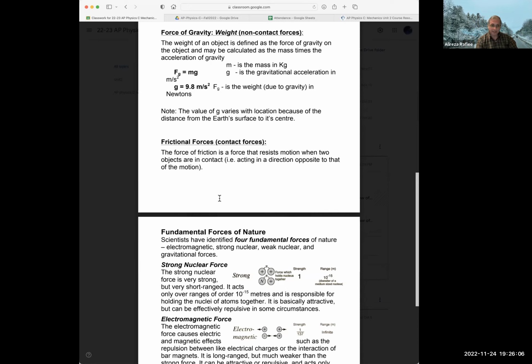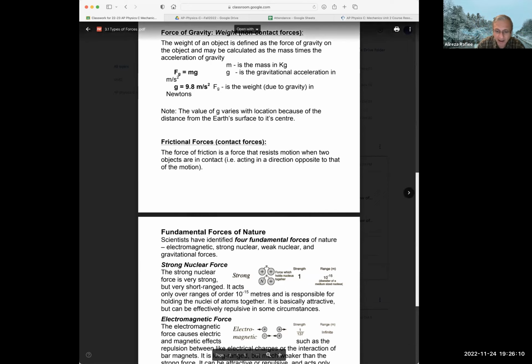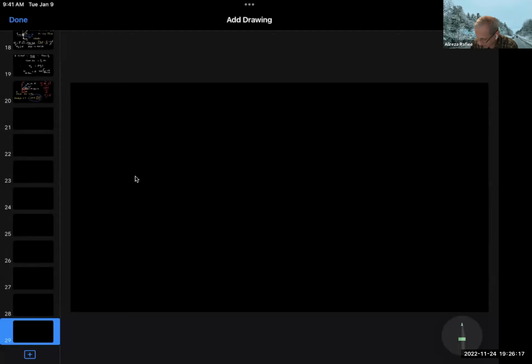You can calculate the static friction, but you can only calculate the maximum static friction, from the normal force. So if you have a surface and the normal force is N, then you have static friction and kinetic friction.